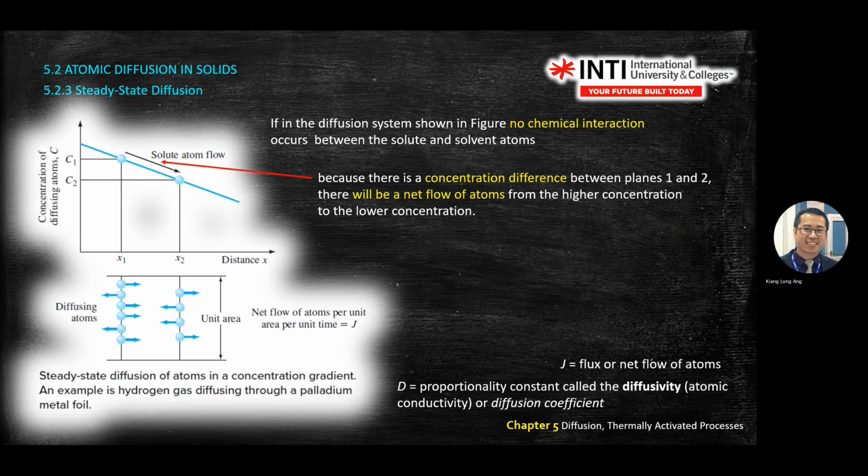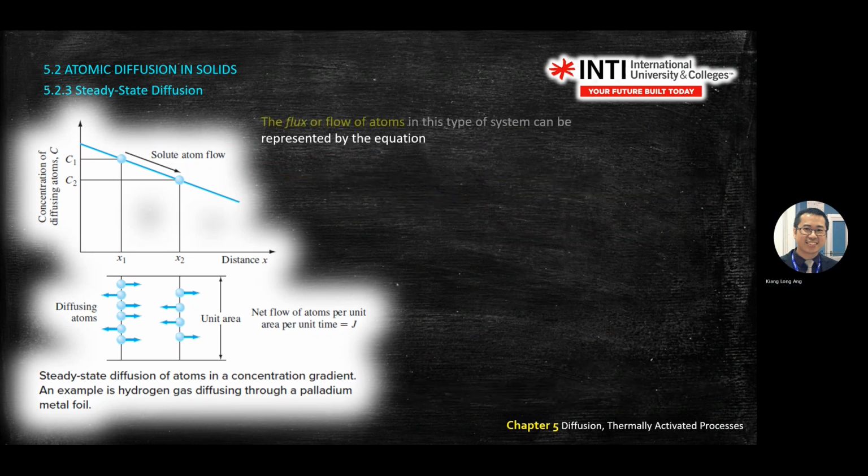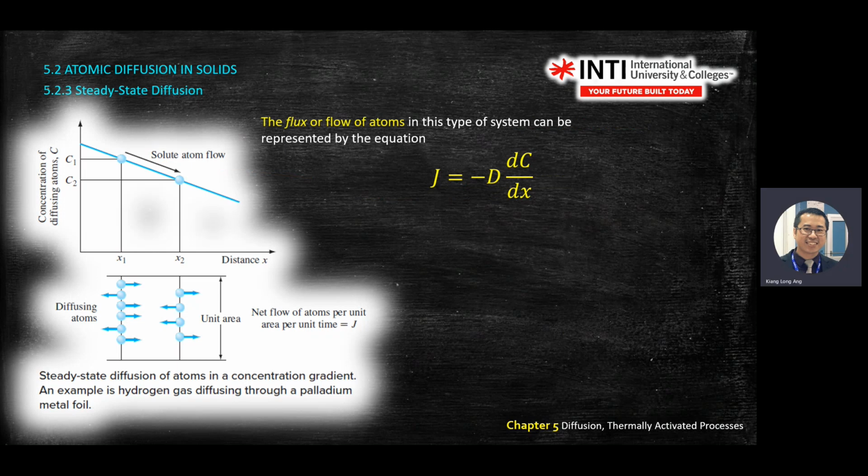As you read, the flux is given by one calculation, called J equals, the second equation for today.